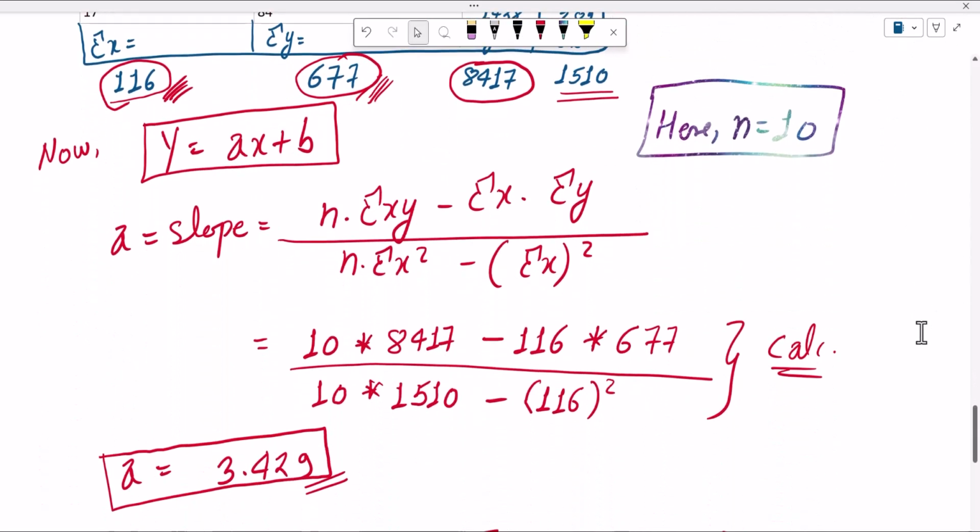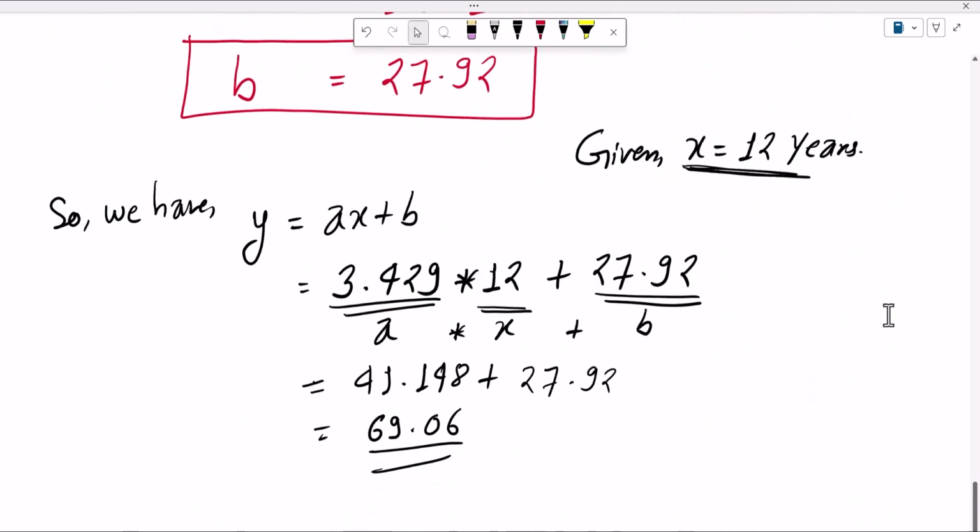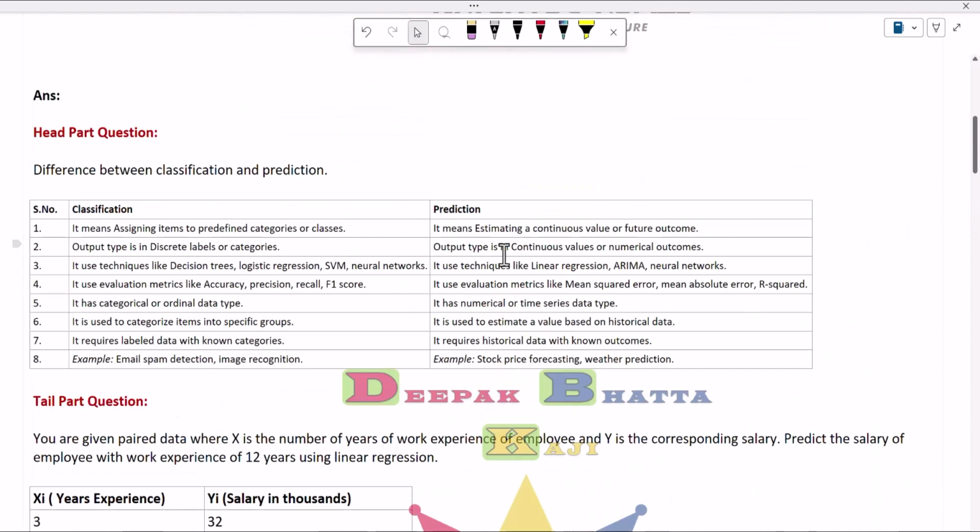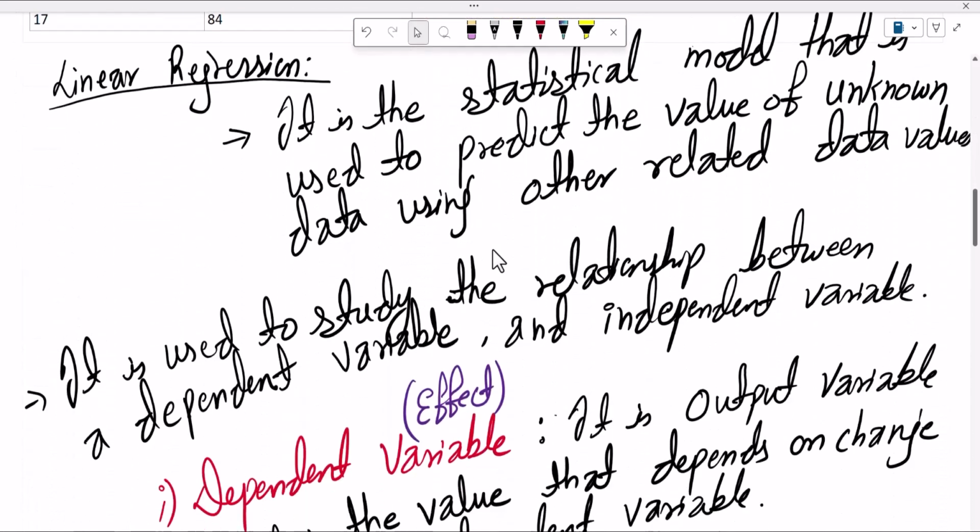So this is how we predict the data from the given data set using linear regression. We have discussed classification and prediction, and the difference between them.